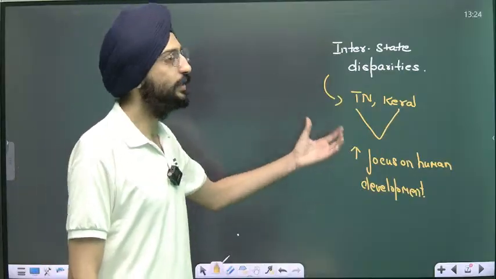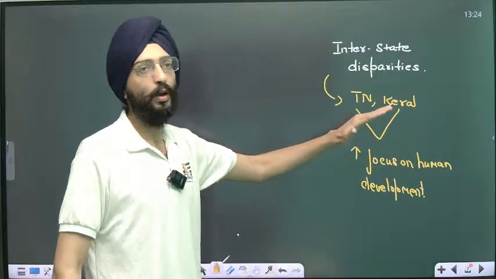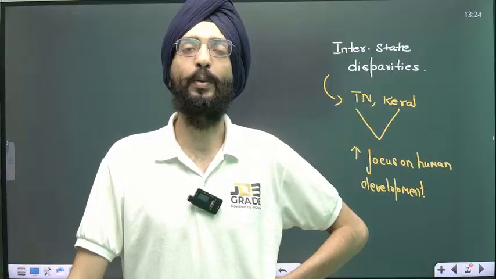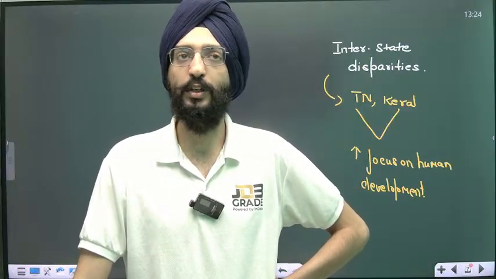There are interstate disparities, but in certain states like Tamil Nadu or Kerala, down south, there has been a high focus on human development. Almost 100% literacy is there in Kerala.